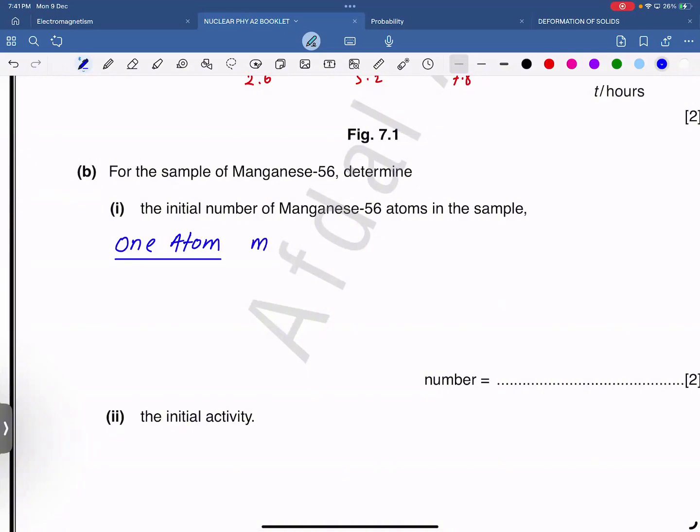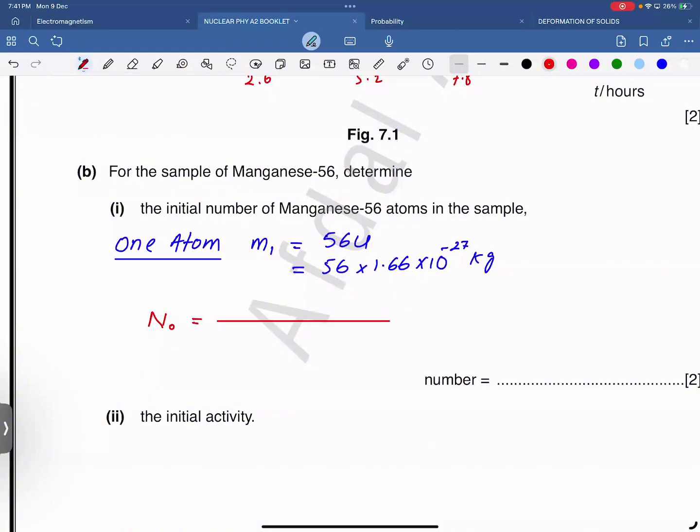One atom mass, I'm using the convention M1. You remember last time? 56 u means 56 times 1.66 into 10 power negative 27 kilograms.